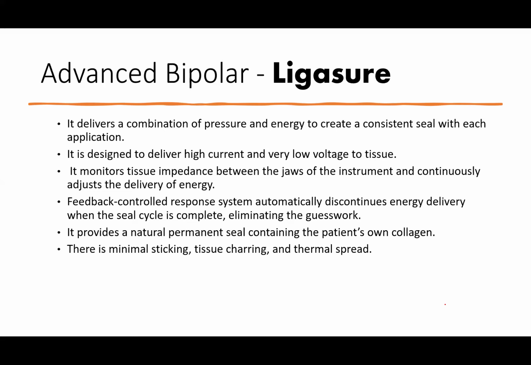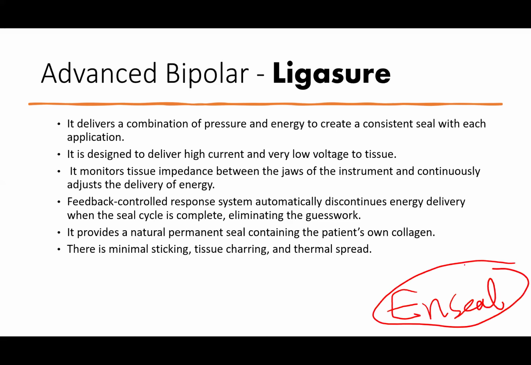Now, there are some advanced bipolar instruments produced to bypass some of the negative hazards we saw from the conventional instruments: the LigaSure, and there's another instrument called the EnSeal. The difference is just the company producing them.